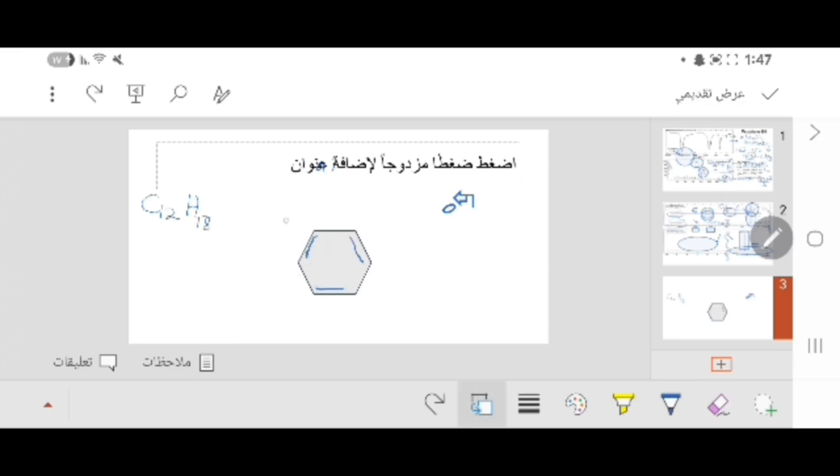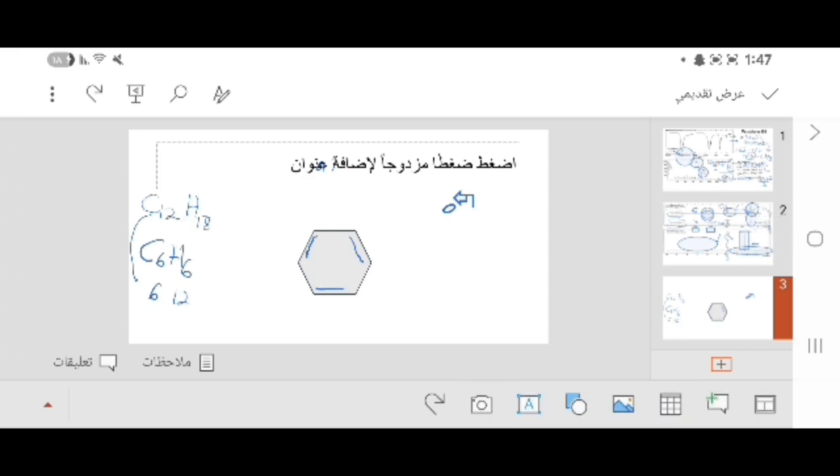Because we have a benzene, not only a cyclo thingy. In the benzene itself there are 6 carbons and 6 hydrogens, so from the 12 carbons we have 6 left, and the hydrogen is about 12 maybe.